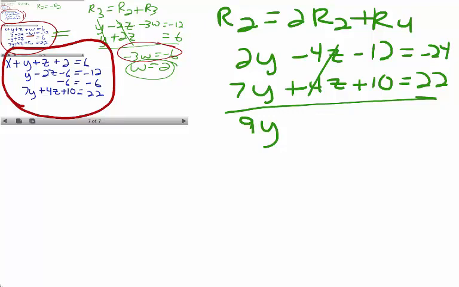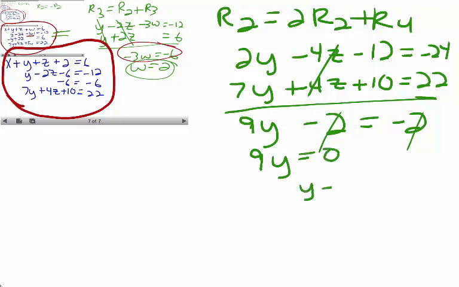We have 9y minus 2 equals negative 2. Solving for y, our 2's cancel. We have 9y equals 0, or y equals 0. So now we have the value for another variable. We'll substitute it into our system.